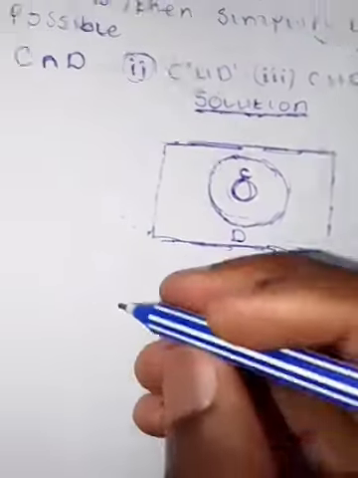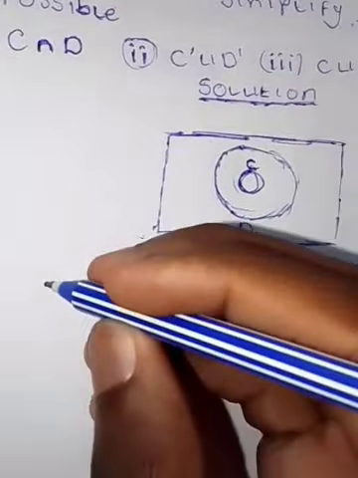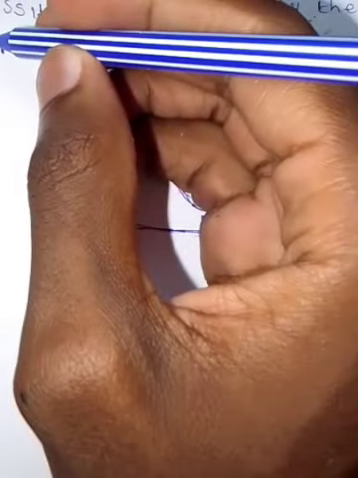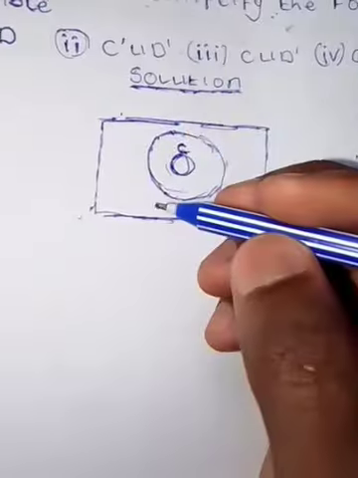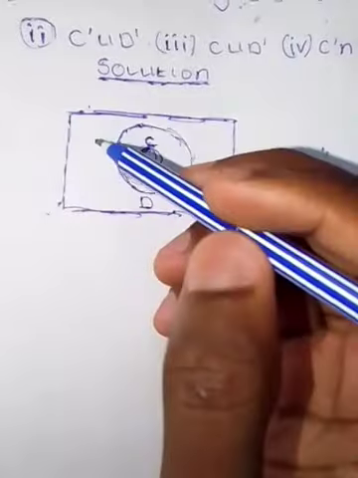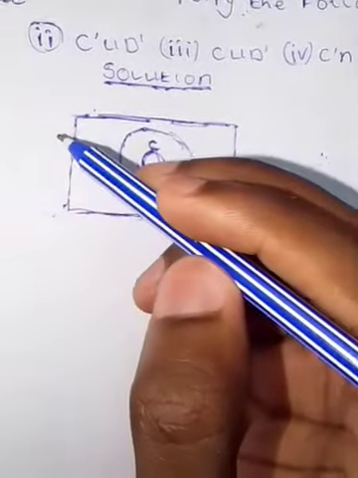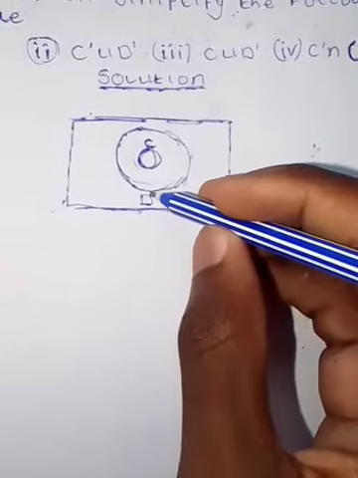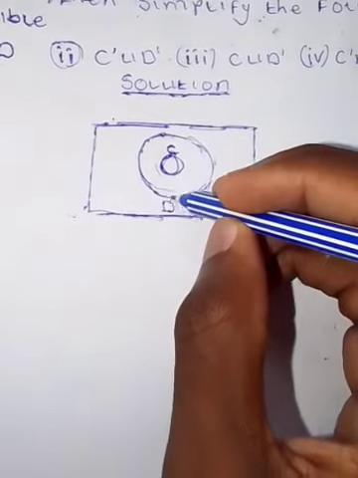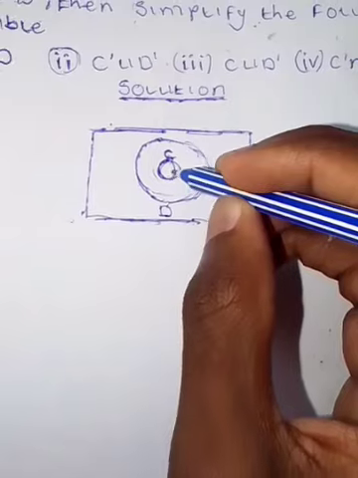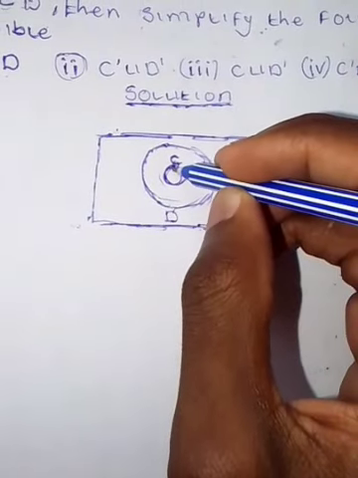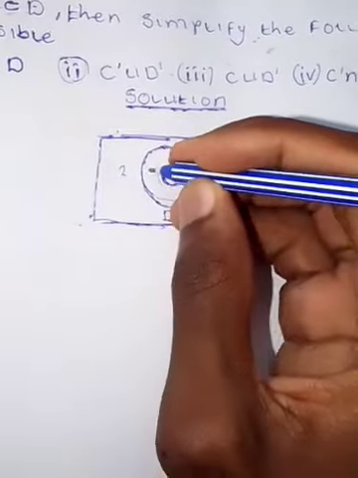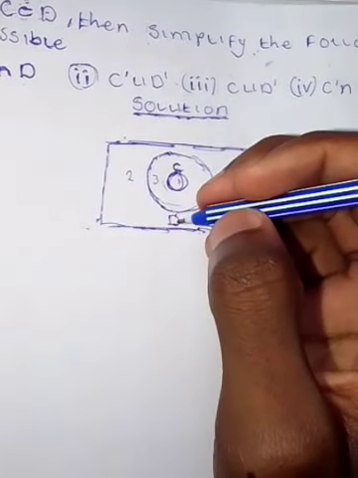Okay, so now on the first question, they want us to find the intersection of C and D. Intersection meaning they want us to find the values that are found in both C and D. Let's say maybe we have numbers 2, 3, 1. Which value would that be?